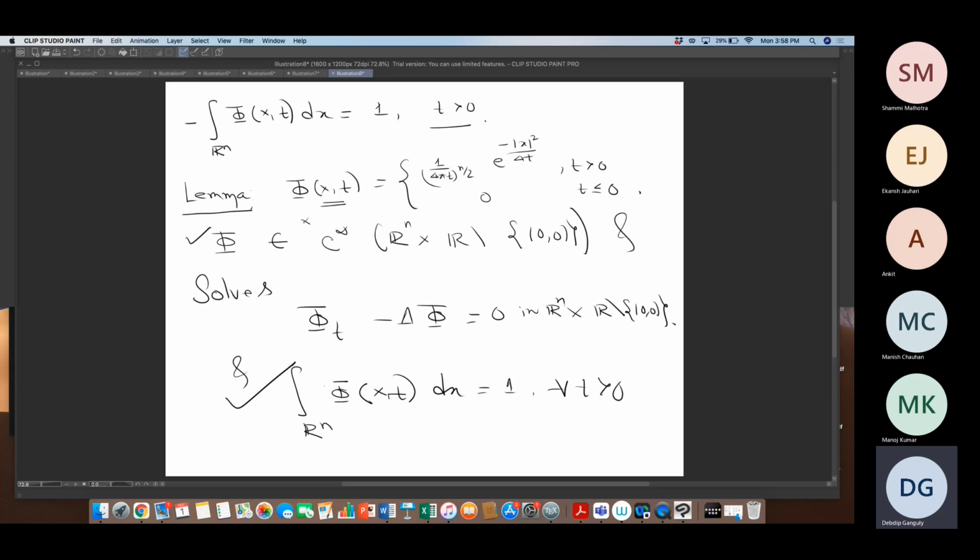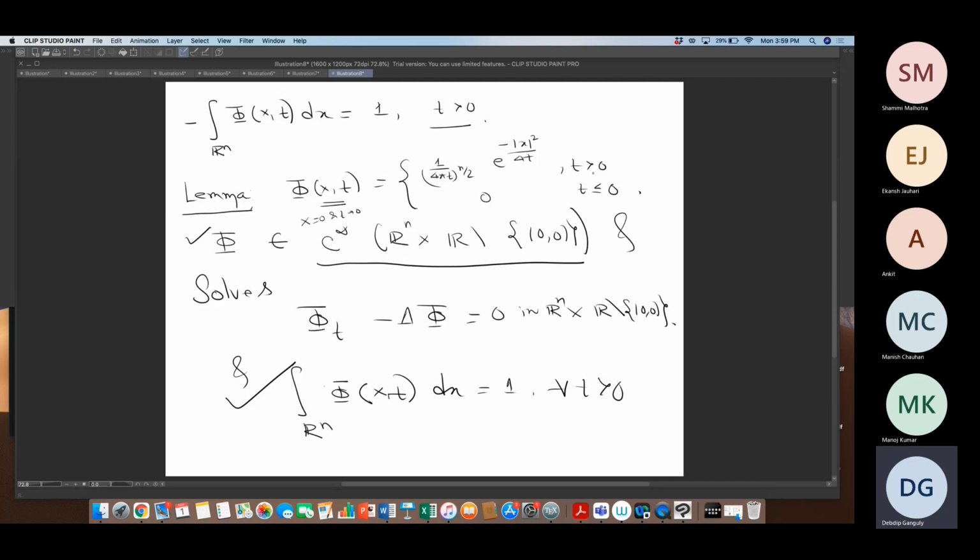Yes or no? Is that clear? Why is it C infinity?